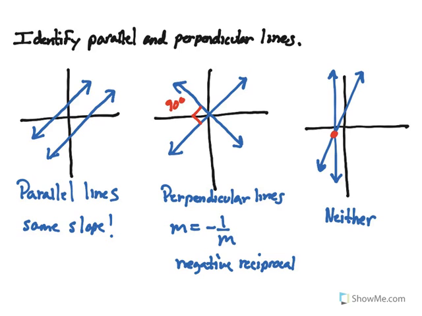That is the symbol. So perpendicular, we use this symbol, the upside down T. Parallel is that. All right? Okay, so now that we have a little bit of a basis of what perpendicular, parallel lines, and neither are, we can go ahead and identify them, okay?